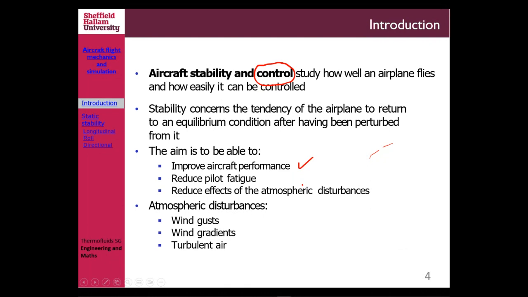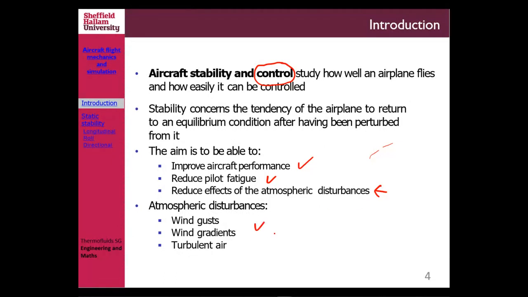For example, if the aircraft is disturbed by turbulence, the pilot will not have to put in excessive effort to bring it back to a stable condition. That greatly reduces pilot workload or pilot fatigue, and when you fly your aircraft in turbulence, it reduces the effect of the turbulence or disturbance.